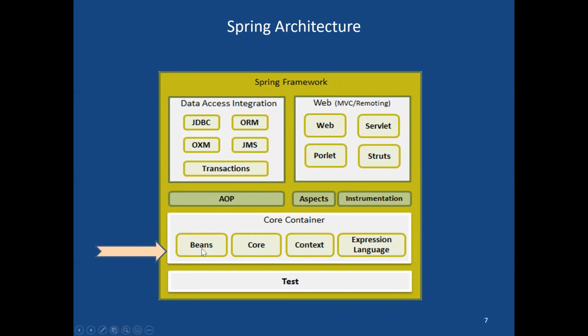Now this module contains various submodules like Beans, Core, Context, and Spring Expression Language. This core container is also known as the DI/IoC container because dependency injection is provided by this core container.